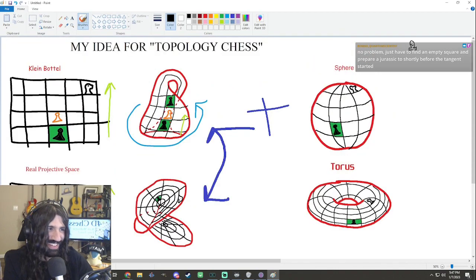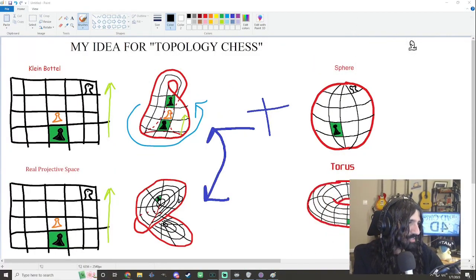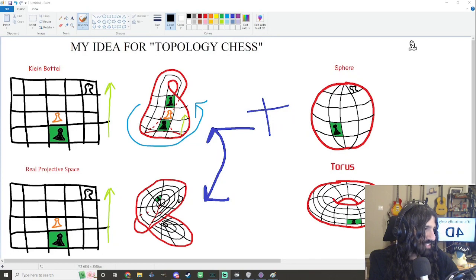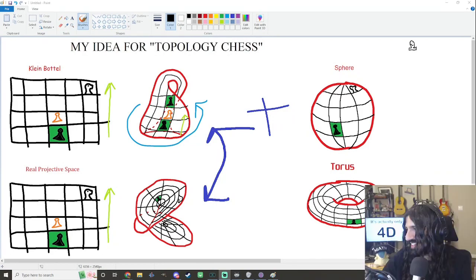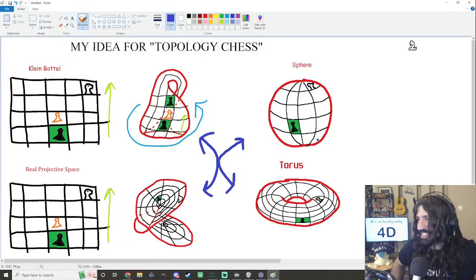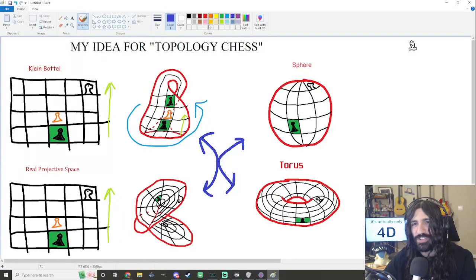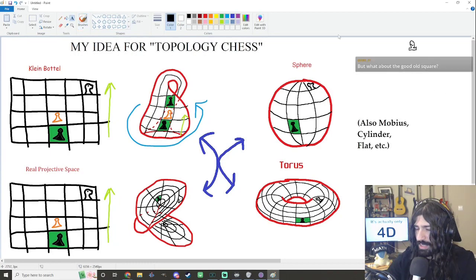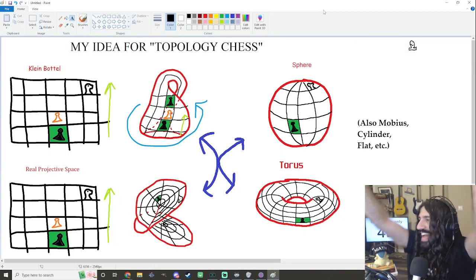There. Chat. It's my magnum opus. There. That's topology chess. Okay. That's my pitch, chat.